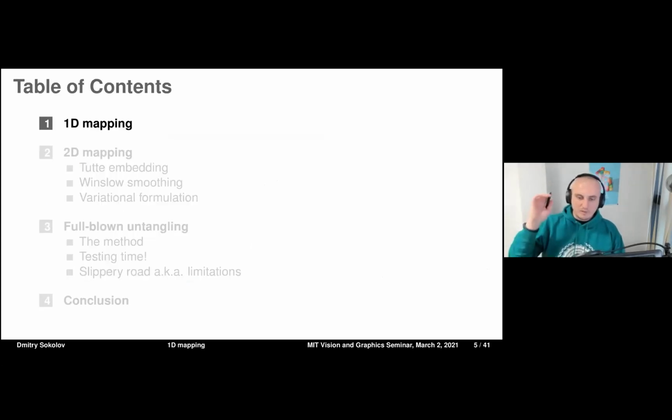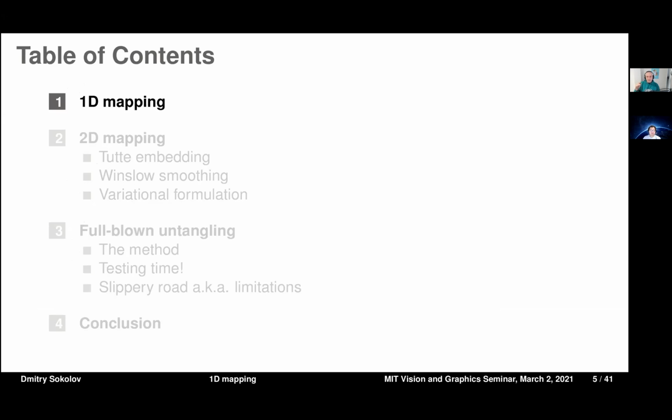Okay, my presentation is organized as follows. I will start by introducing the problem in 1D. We will see that it's rather trivial, but it will allow us to see the general approach of computing a map. Then we will encounter greater difficulties in 2D, and at the end of the 2D section, I will present the main idea of our approach.